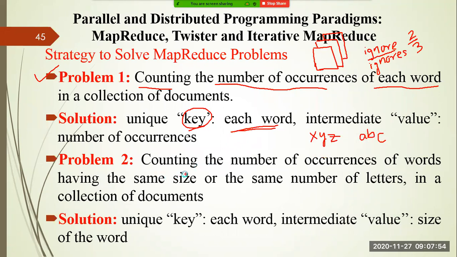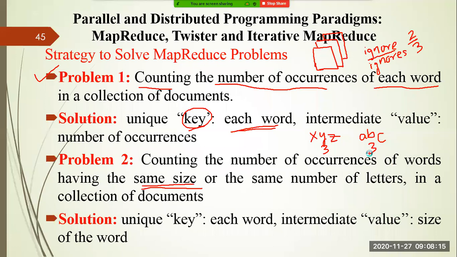So what is this saying? Counting the number of occurrences of words having the same size. You see the size of this word is 3 letters. The size of this word is also 3 letters. So you can say 3 letters are there in both the words.